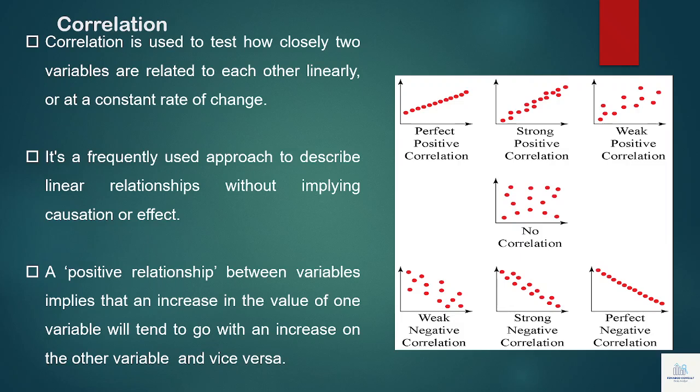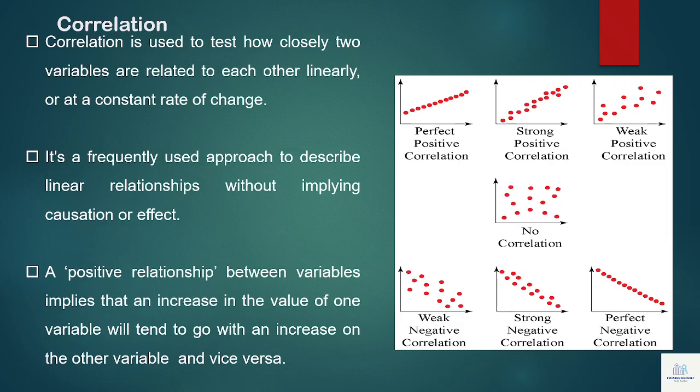For example, you cannot say that because there's a relationship between the number of hours they study and the test score, it's the number of hours they study that causes the test score. Not really. It's just a relationship, not causation. That's what we are trying to say here.